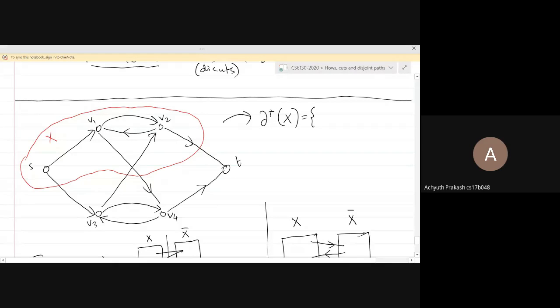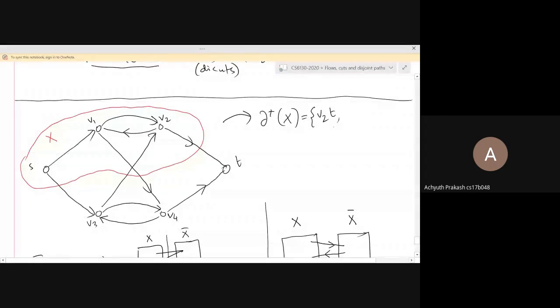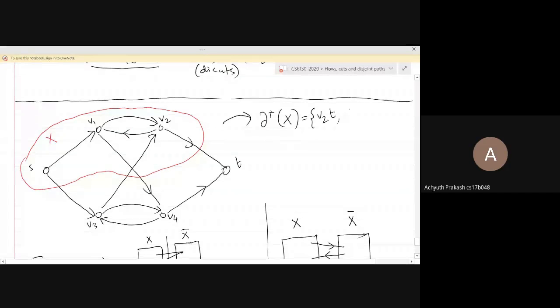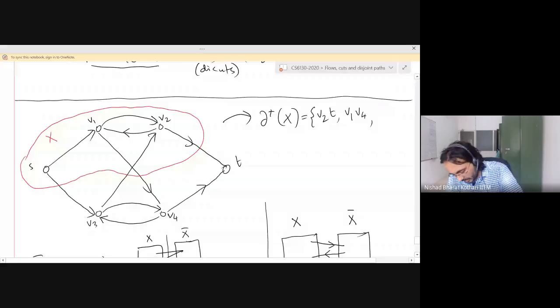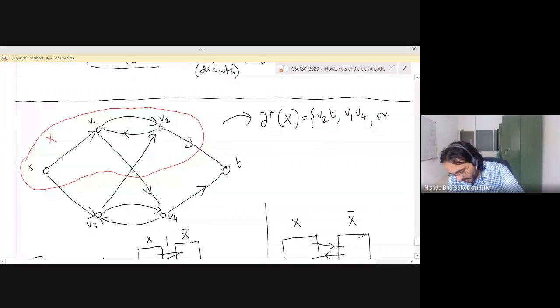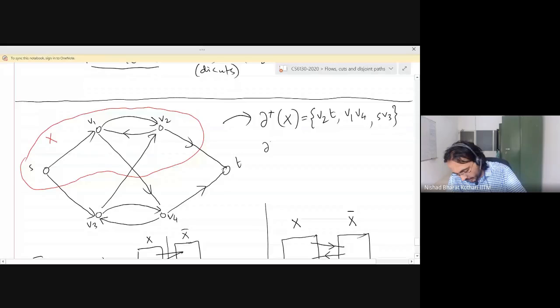It would be v2 to t, and v1 to v4, and s to v3. Okay. And what is partial plus of x bar?